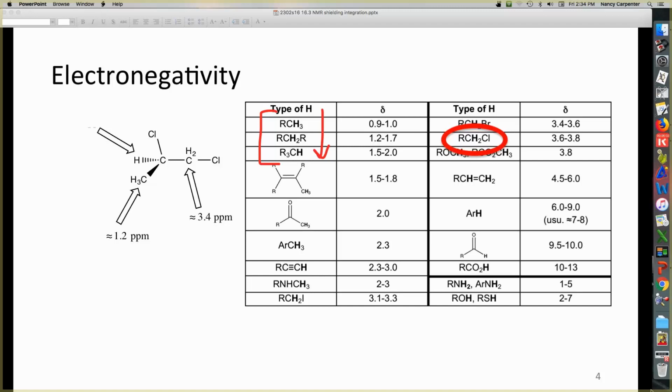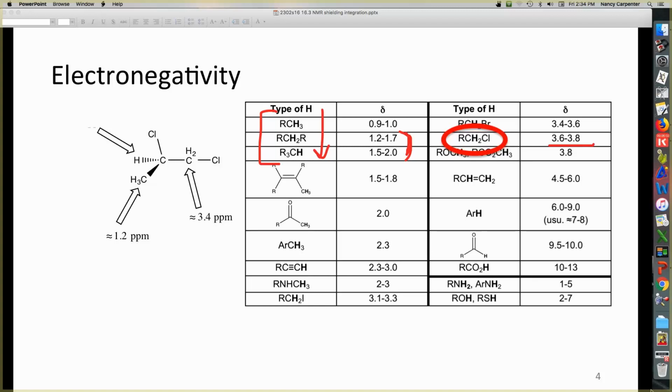So if a CH2 with a chlorine on it is all the way down at around 3.4, then by extension a CH should be even further downfield, right? Because here, going from a CH2 to a CH, I'm going from 1.2 to 1.7 down to 1.5 to 2.0.